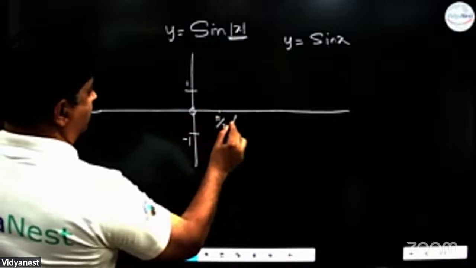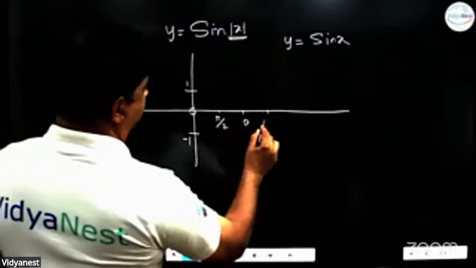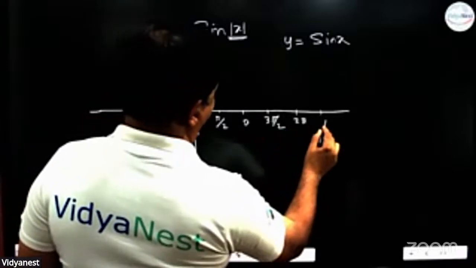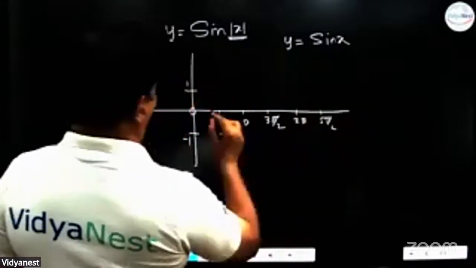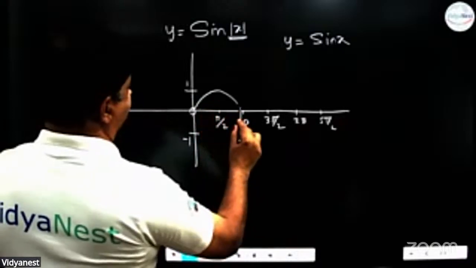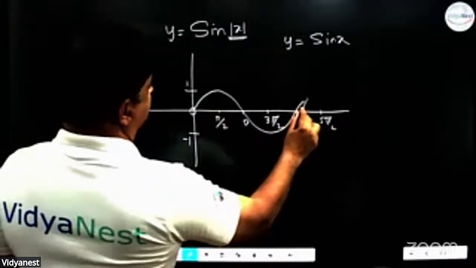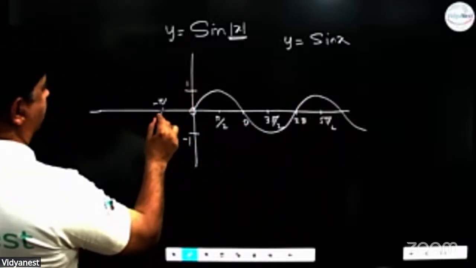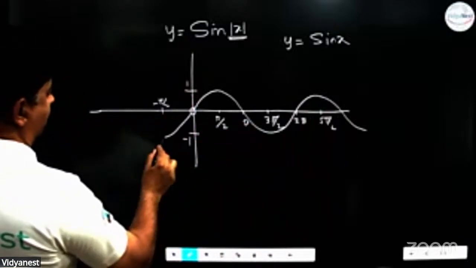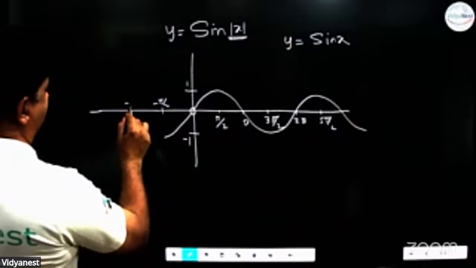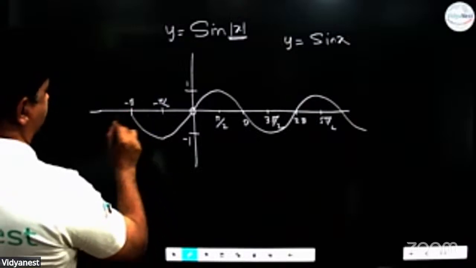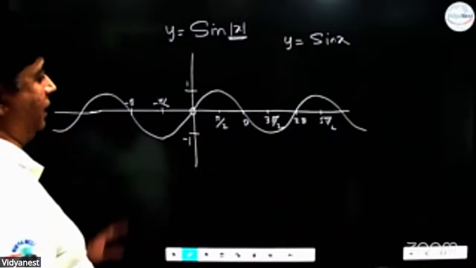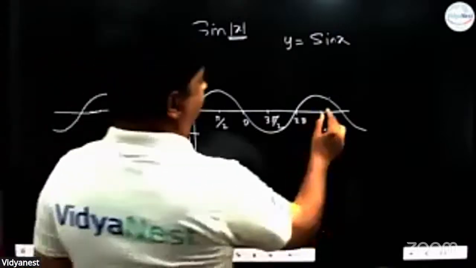At pi by 2, it is 1, pi, 3 pi by 2, 2 pi, 5 pi by 2, and so on. The curve will be like this. In the left hand side, minus 1, in minus pi, this. Yes or no? This is the sine graph. Yes. This is sine x.